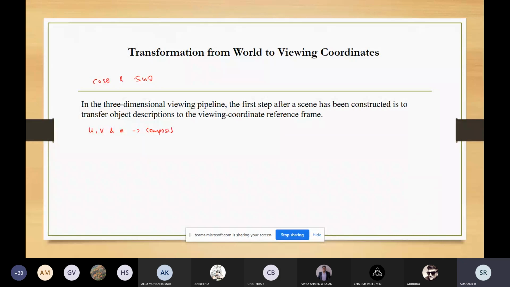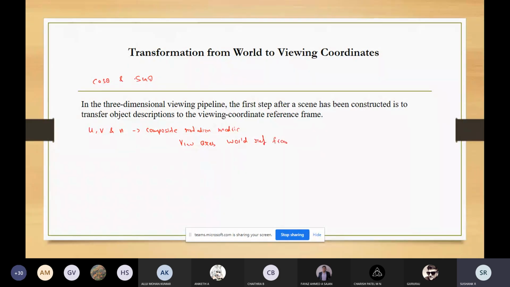These unit vectors can be used to form the composite rotation matrix, which will superimpose the viewing coordinate reference axes with the world reference frame.